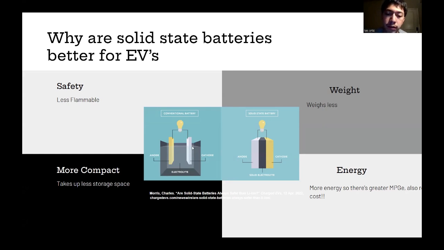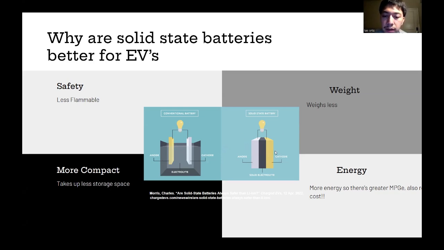To start off, here's an image of a solid state battery on your right and a lithium battery on your left. You see that the solid state battery is more compact, and there's more liquid here. And here we see your anode and your cathode, which start up the battery, you could say.